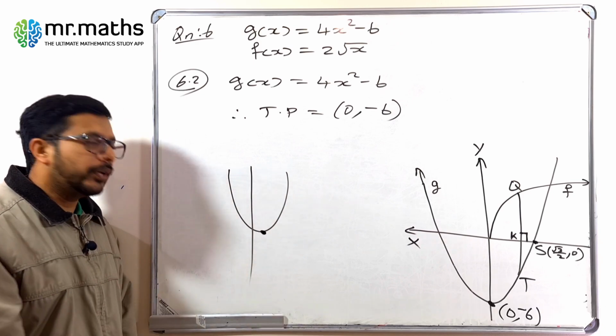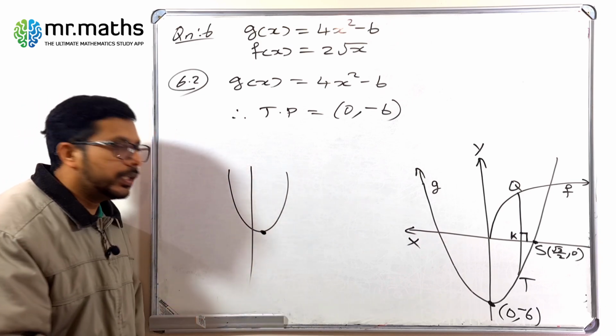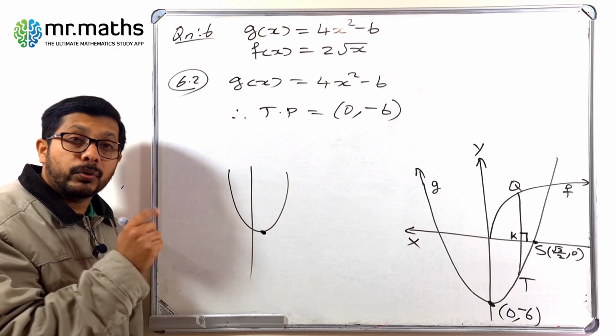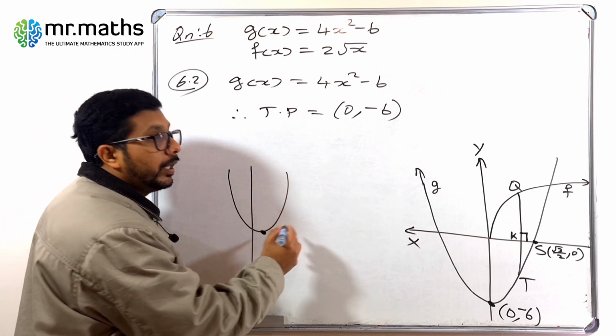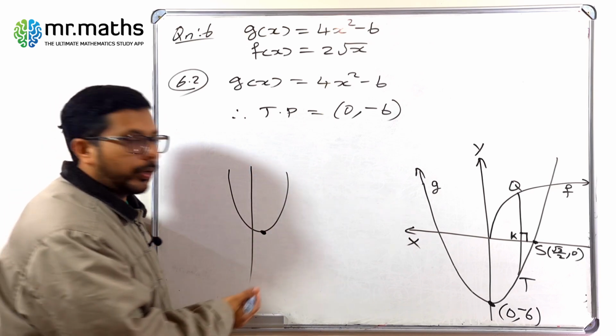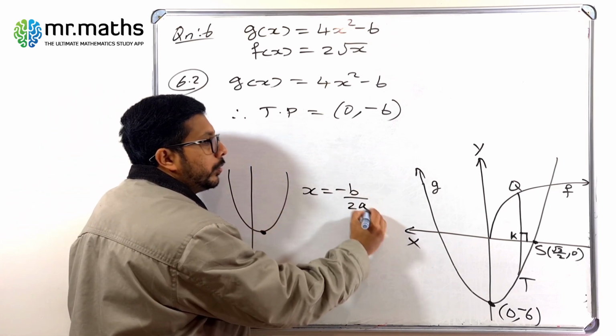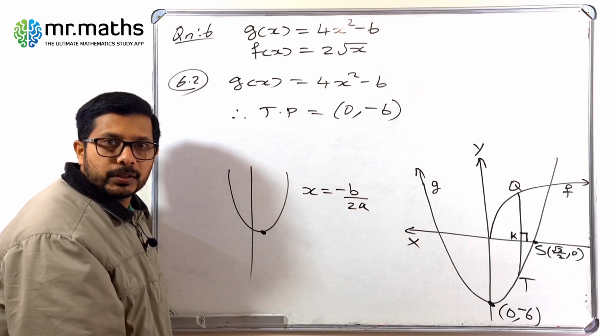Anyway, if somebody is thinking like this, do you remember another formula that you studied to find the x coordinate of a turning point? x is equal to minus b divided by 2a. How many of you remember this one?